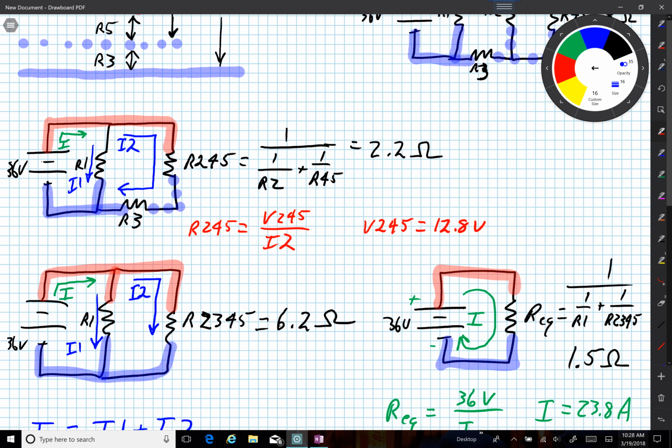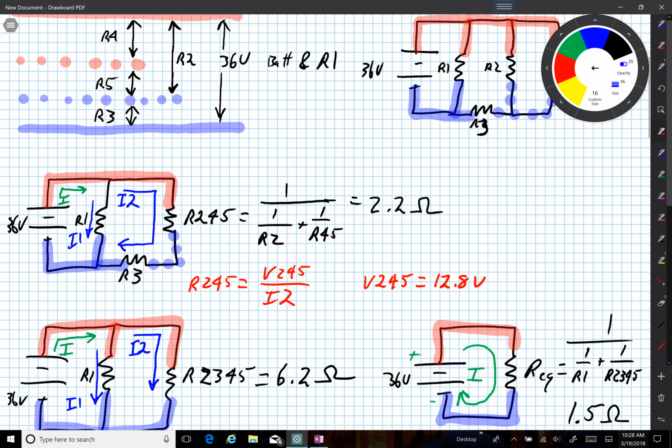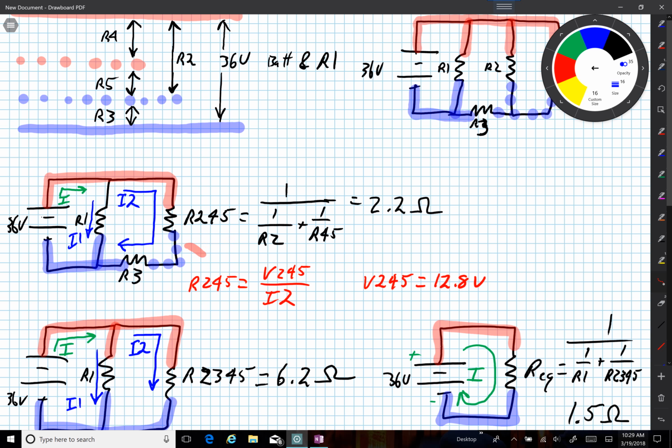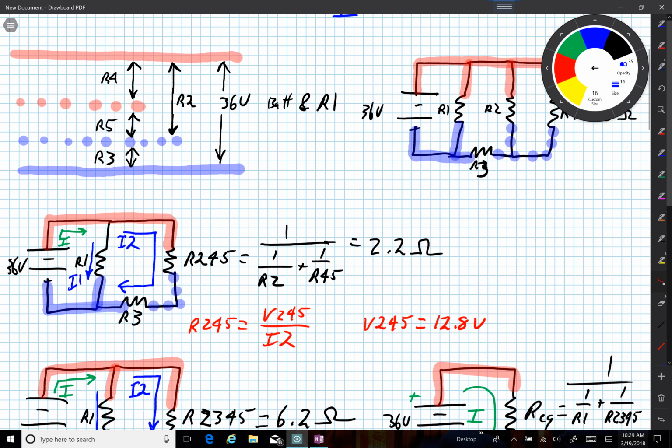So this is the first new voltage that I've gotten. And let's make sure it's clear what we've got here. V245 is the voltage across resistor 245. It's this resistance across here. I'm comparing two places. And I've color-coded the places, solid red and dash blue. So solid red and dash blue is up here. It's the voltage across this resistor.